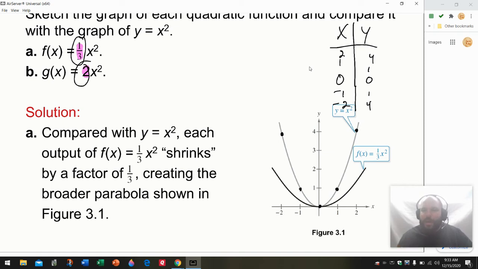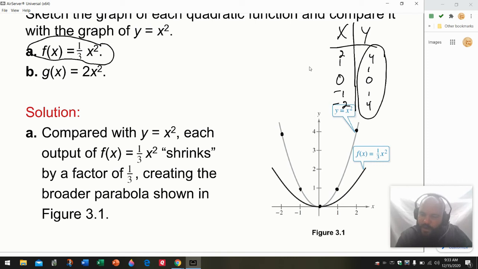Use that x squared graph to then sketch what 1/3 of x squared would look like. Looking at this first graph, you can see that 1/3 is going to smush that graph down. It's going to take every one of these y values and multiply them by 1/3. I'll do the dots in red here. The vertex is still at 0.